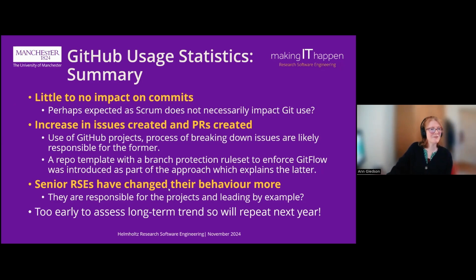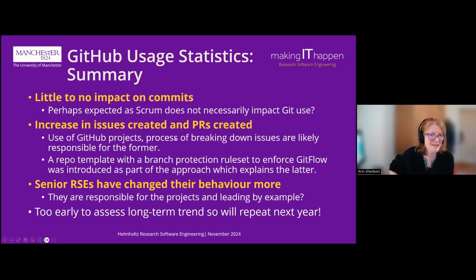So, a summary of those results: little to no impact on commits, which may be expected as Scrum does not necessarily impact Git use. The local use of Git is where you're doing your commits. In the Agile Scrum course, we weren't teaching people to commit more often.